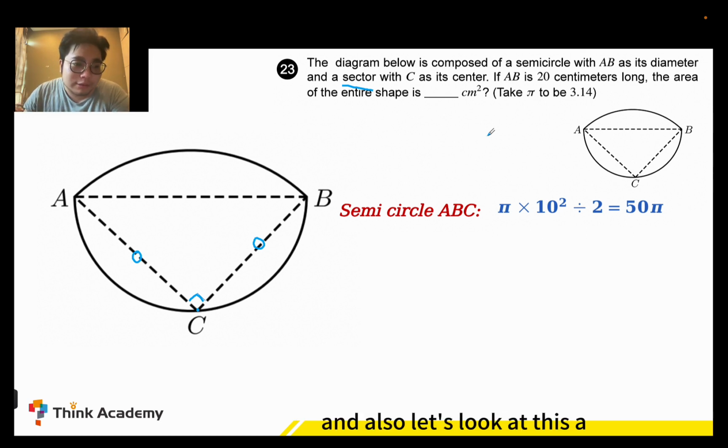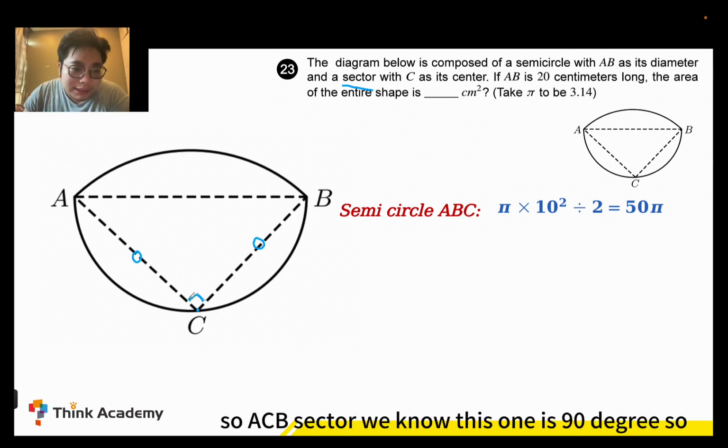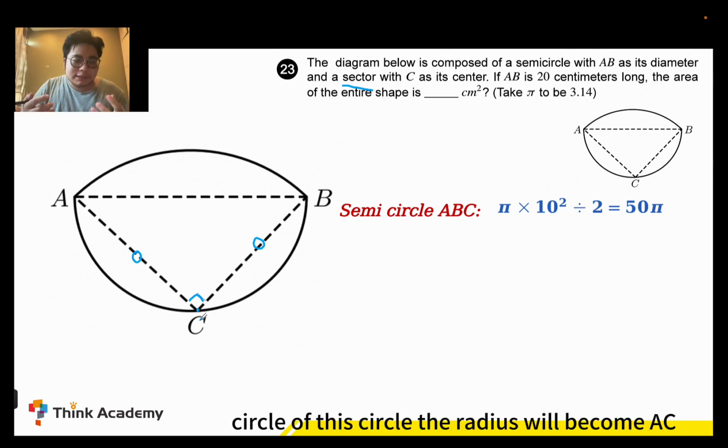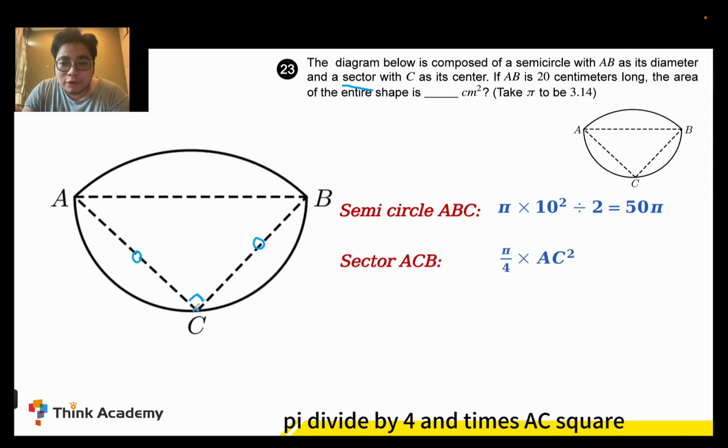And also, let's look at the sector ACB. We know this angle is 90 degrees, so it's just a quarter of the whole circle, where the radius will be AC. So the sector ACB is pi divided by 4 times AC squared.